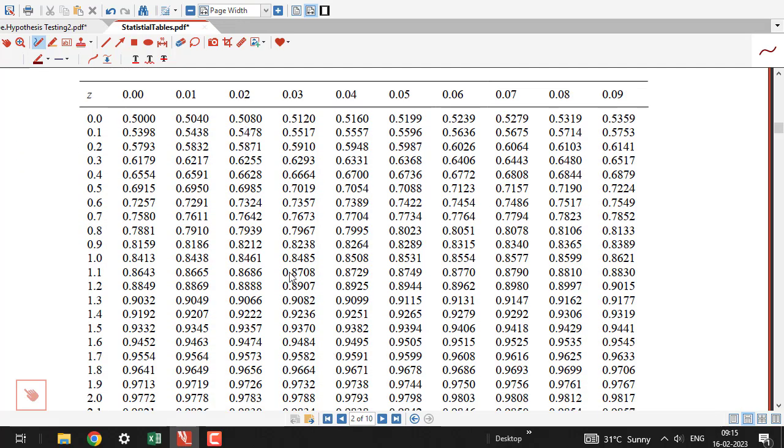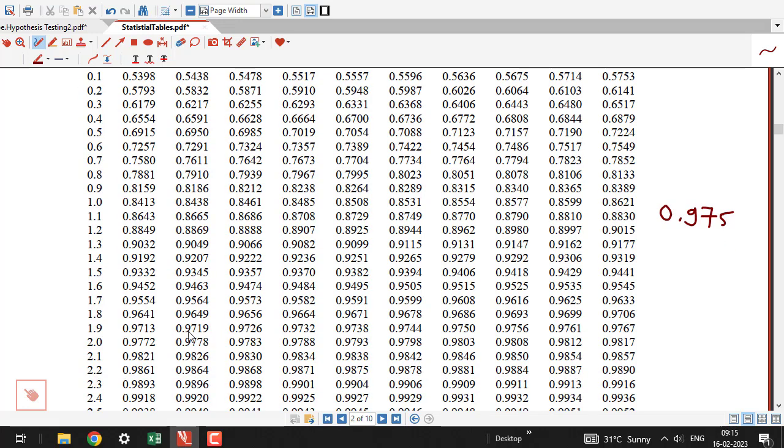Among all these areas I should search for 0.975. Here this is 0.96 and I am interested in 0.975. Here I have 0.9732 and this is the value 0.9750, and I have to decide the corresponding value of z. So I will consider this row.